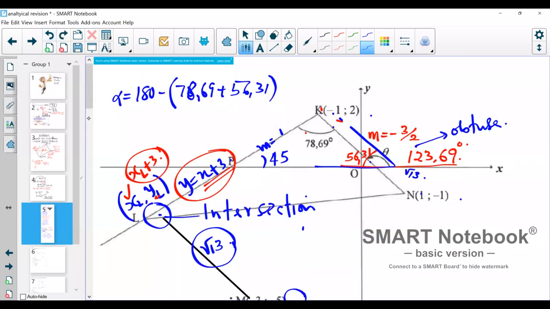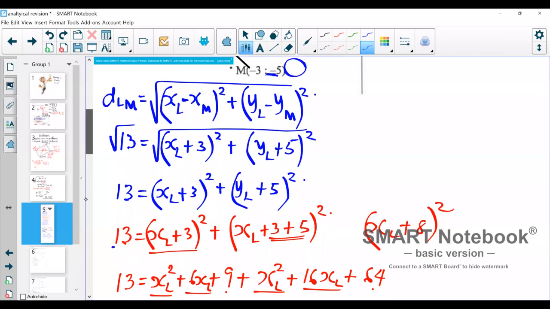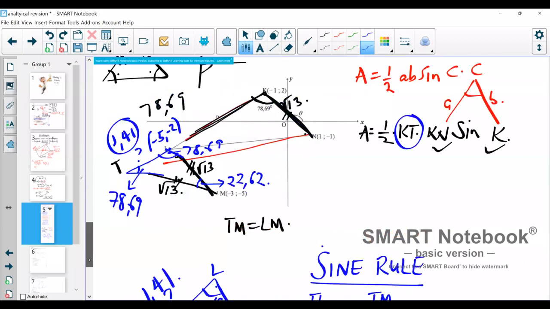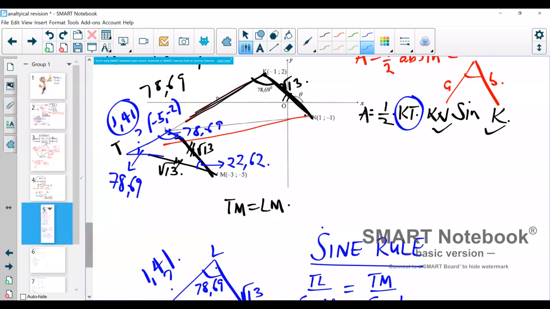I'm just going to put that in a calculator for us. I'm sure everyone knows how to calculate the distance formula now. So it's going to be the square root. Remember KL, we are using which coordinate? X1 minus X2, which is minus 1 minus -5.